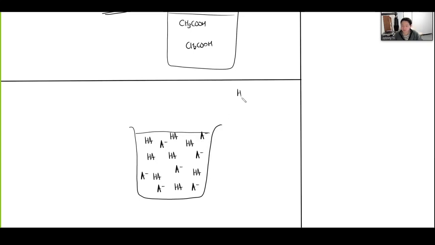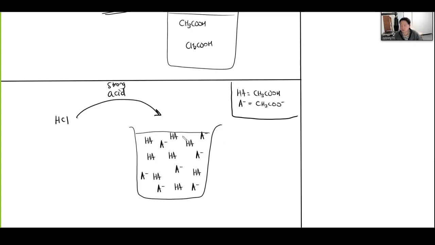So HA represents your acid, and A- represents the conjugate base. Now, let's say this gets attacked by HCl, so a strong acid is added to it.